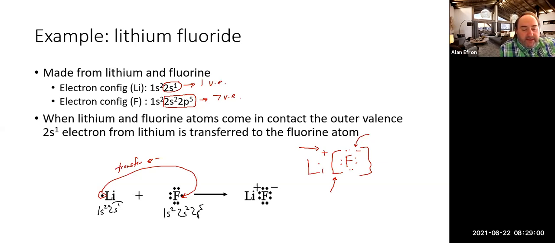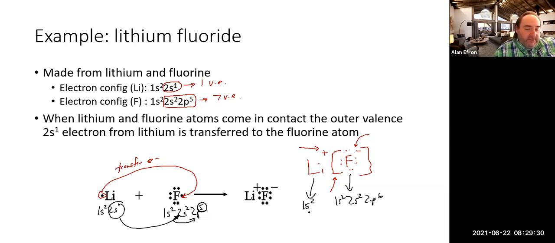It is lithium that gave away this electron, actually over here to the p. And when it does, the lithium, now with the +1 charge, ends up with a configuration of 1s2 as it lost its electron. The fluorine, which picked up the electron and put it right there in the p orbitals, ends up with 1s2, 2s2, 2p6.